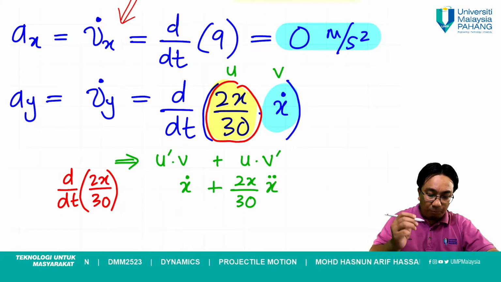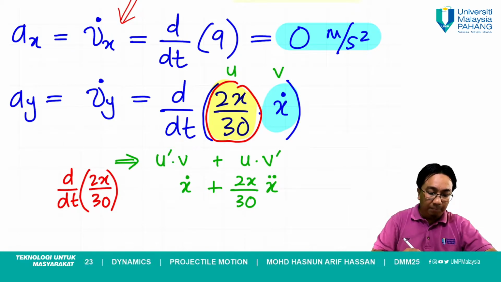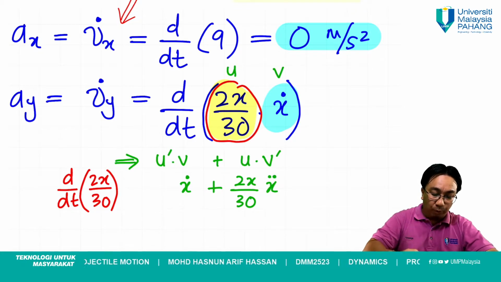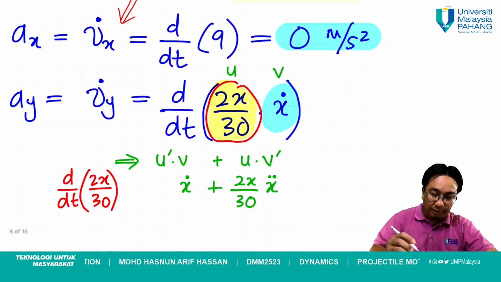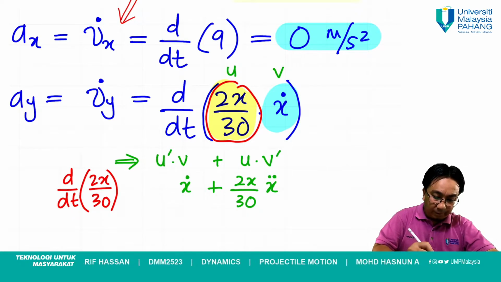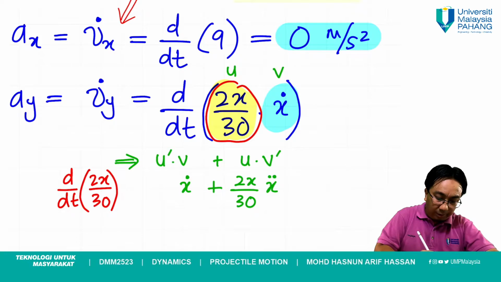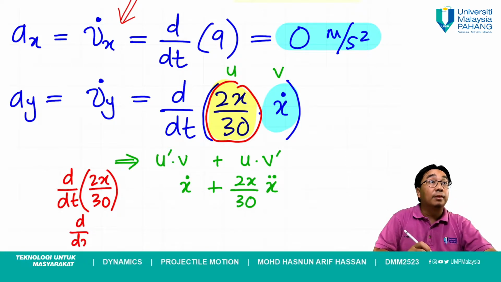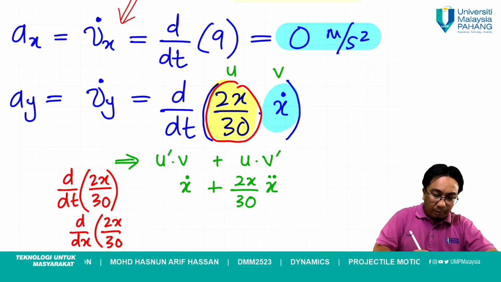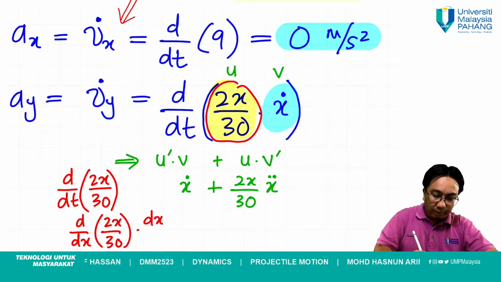Because u prime is d over dt, u is 2x over 30, so you have to use the method like before again, which is we have to do d over dx. Wait, where should I write. D over dx. Can you see? Okay, d over dx of 2x over 30, and then multiply with dx over dt.